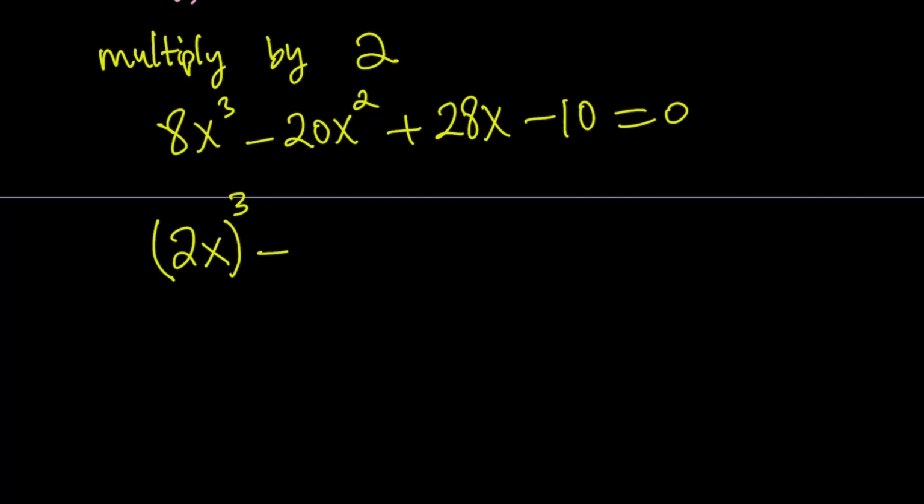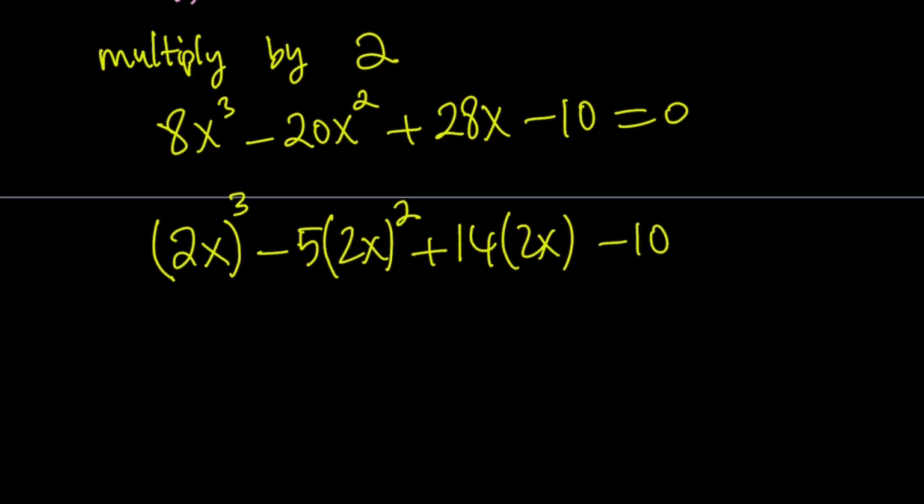Well, actually I have to square, so 2x squared is going to be 4x squared. So 5 times 2x to the second power. Makes sense? 5 times 4x squared is 20x squared. Plus, I'm going to write this as 14 times 2x, and the constant is going to be constant because it's a constant.